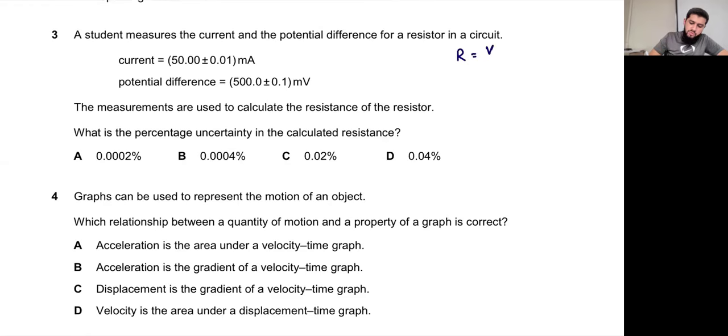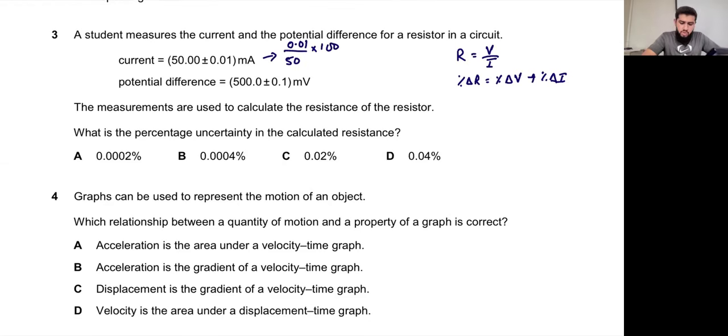R is equal to V upon I, which means percentage uncertainty in R is equal to percentage uncertainty in V plus percentage uncertainty in I. What is the percentage uncertainty in I? 0.01 divided by 50 multiplied by 100.